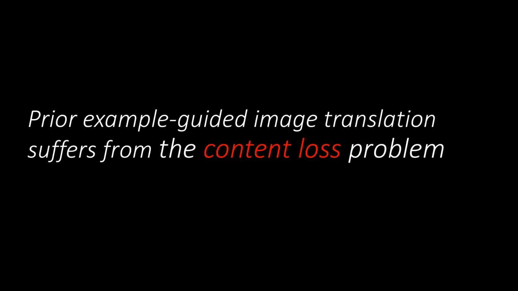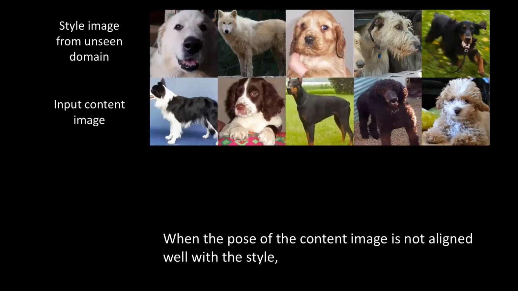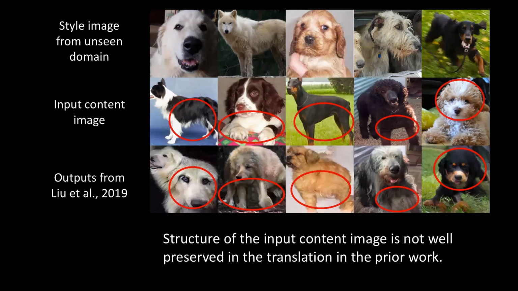To tackle this task, we found that the prior example-guided image translation suffers from the content loss problem. The baseline method takes content and style image as input. When the pose of the object in the content image is not aligned well with that in the style image, the structure of the input content is not well preserved after the translation.